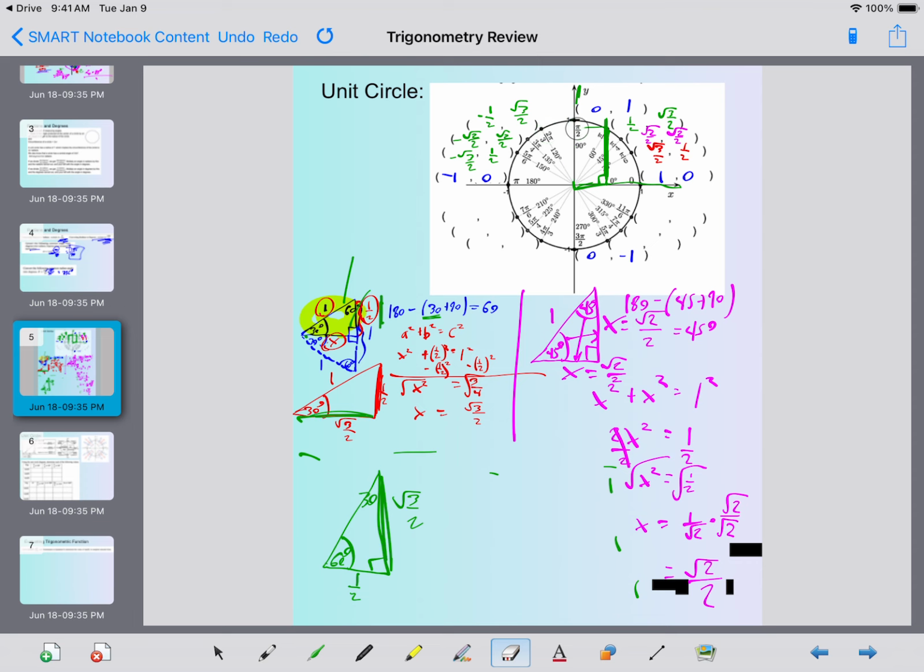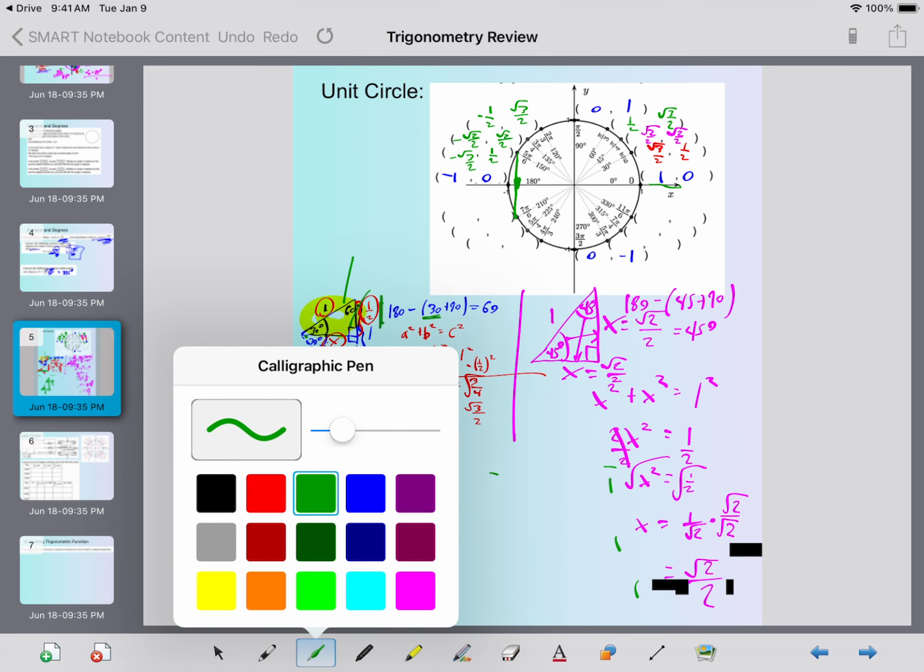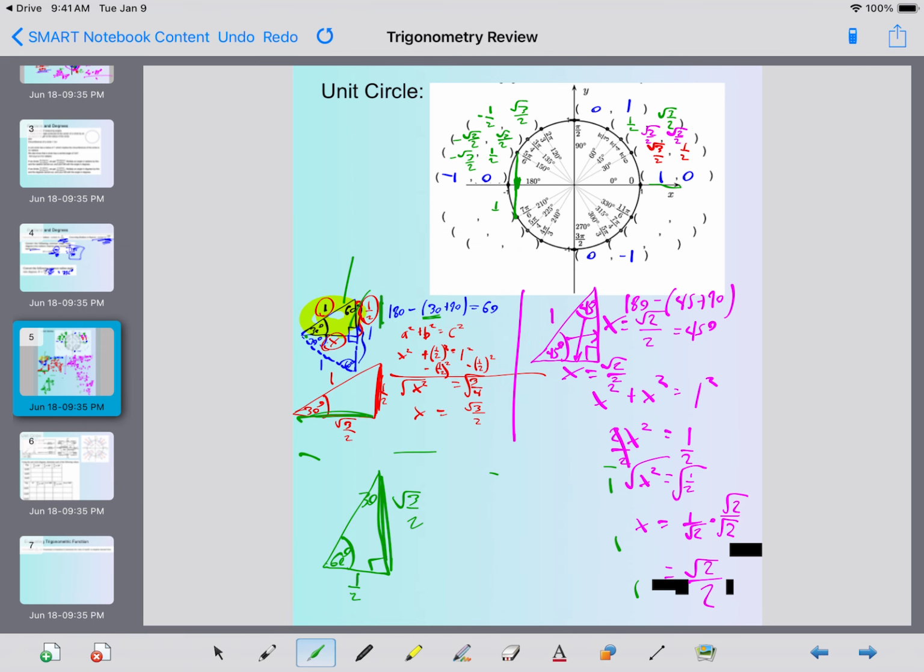Okay? Now what about this? Look at this. It's the same x value that stays the same. So the x value will be the same.